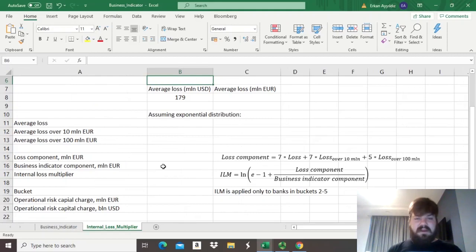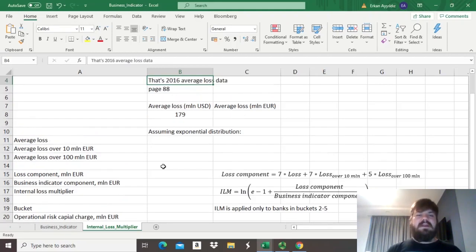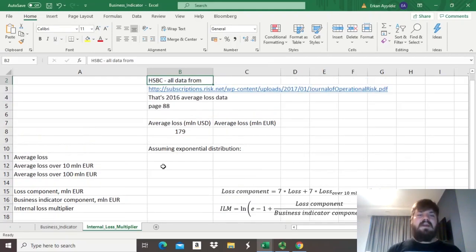The internal loss multiplier is a value, multiplier, as it comes from the name, that we have to multiply the business indicator component by to get the capital risk charge. And basically, how we can calculate it is from historical loss data of a particular bank.